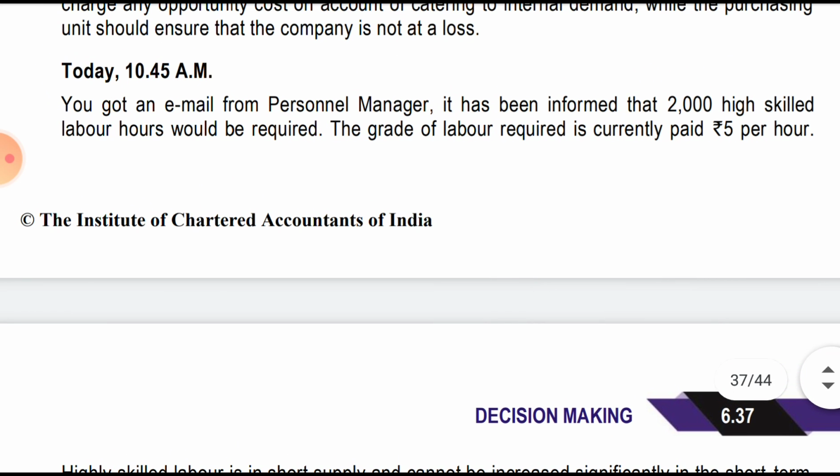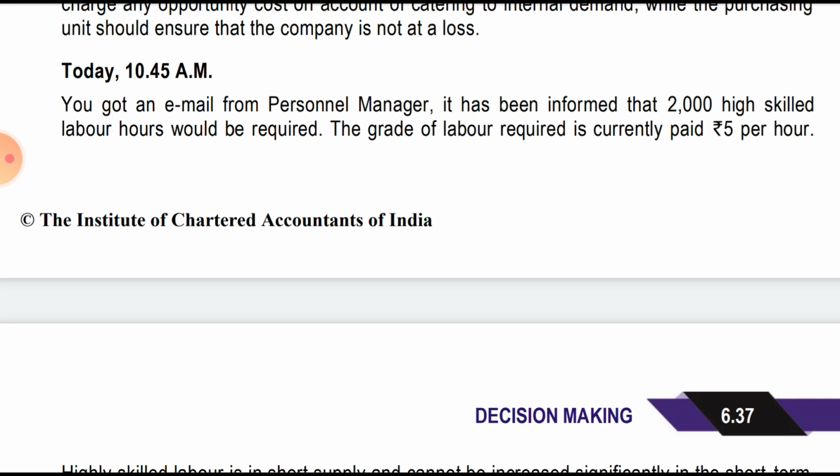Then today at 10:45 am you got an email from the personnel manager. It has been informed that 2,000 high skilled labor hours would be required. The grade of labor required is currently paid 5 per hour.